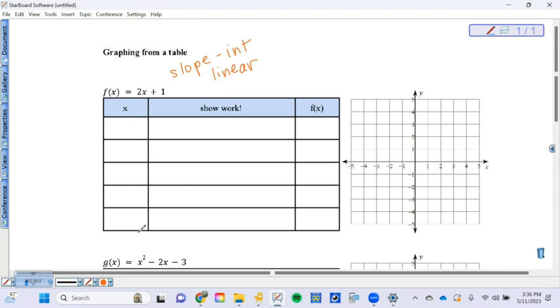And who remembers how to graph something from slope-intercept form? The b is your starting point. So I start at 1. That's my, what is that called? Y-intercept. And then what's my slope? 2, just 2, not 2x, just 2.